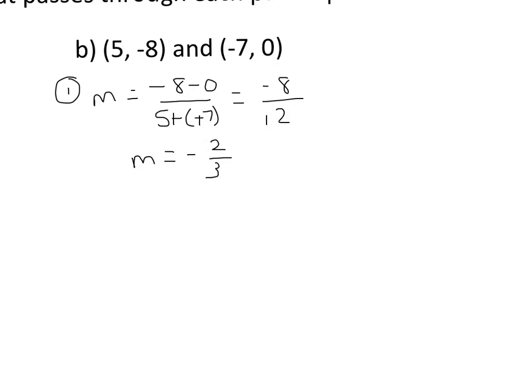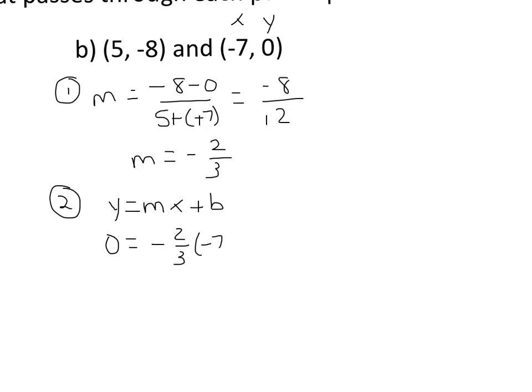Okay, step 2, we're going to find our b value again. Again, it doesn't matter which of these two you want to pick. So just for this example, I'll go ahead and pick the second one just to show you. So I've got y equals mx plus b. Again, I'm going to plug in 0 for my y, negative 2/3 for my m, negative 7 for my x, plus b.